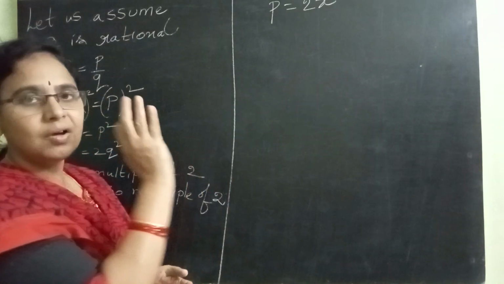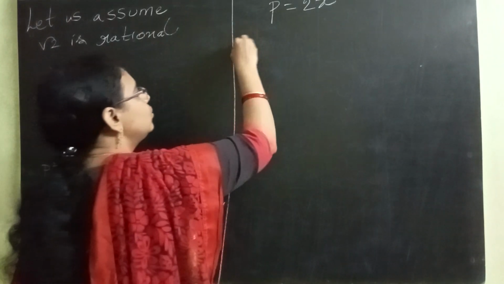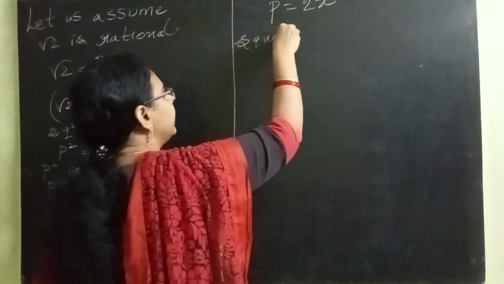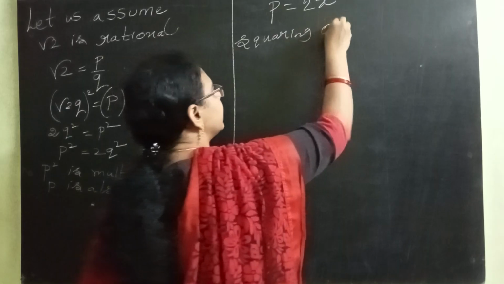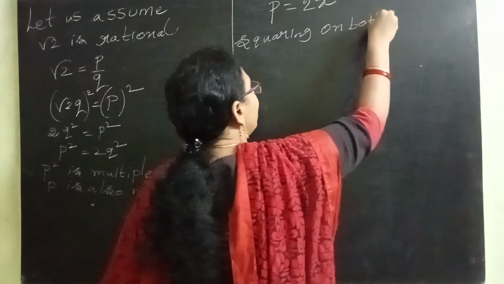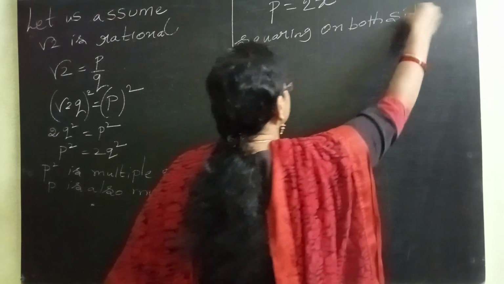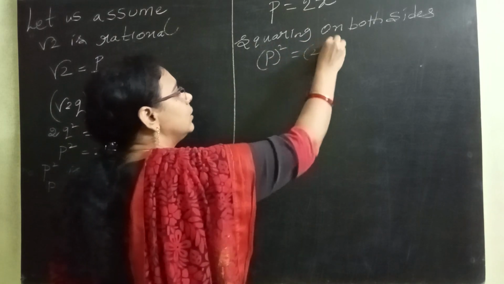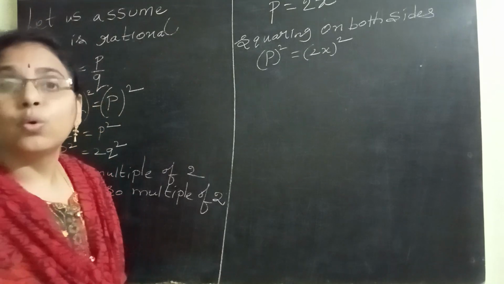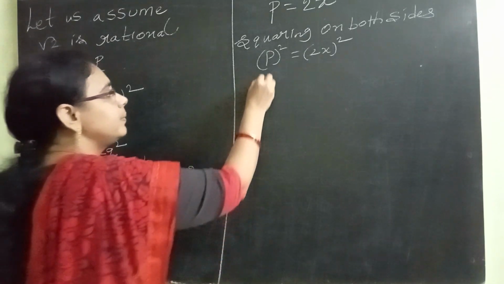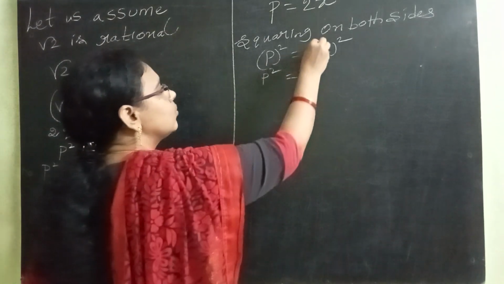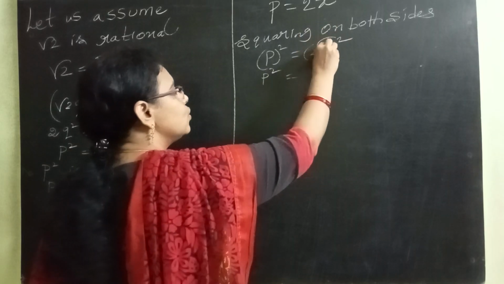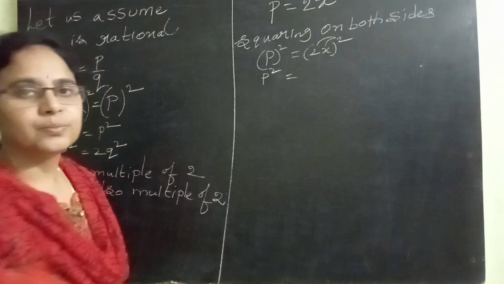Now squaring on both sides. Then p square is equal to 2x whole square. We have to go for squaring 2 and x also.